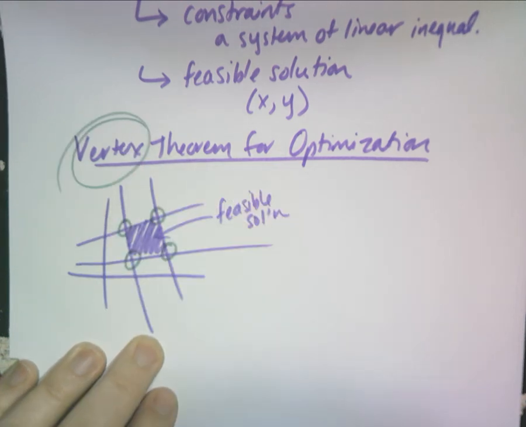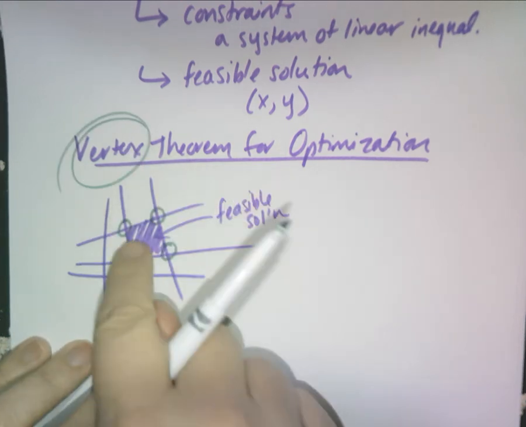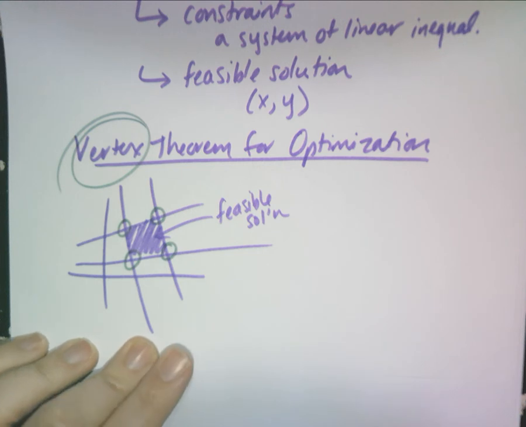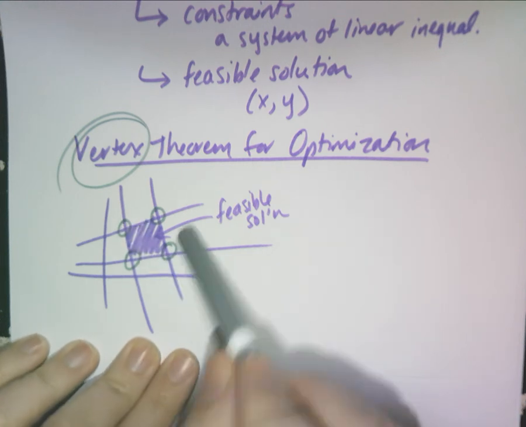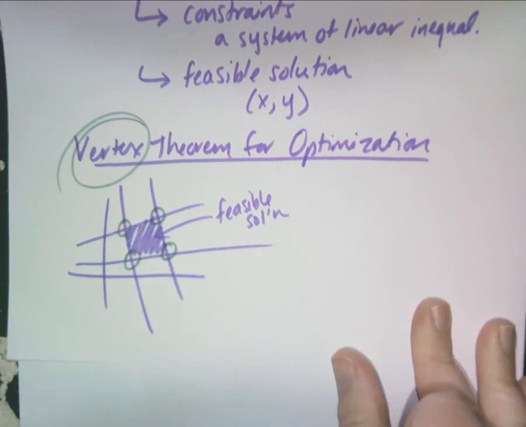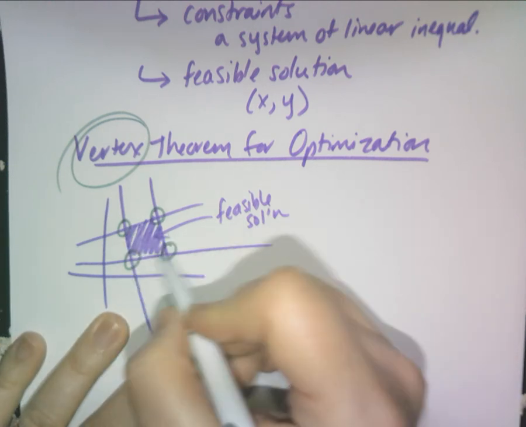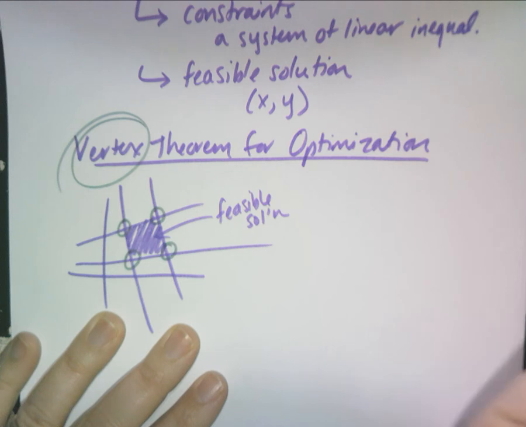In this case, there are 4 of them. There might be 3 if it was a triangle, but these 4 points are where your max or mins are located. That's where the optimal maximum profit would be, or the optimal minimum, whatever we're looking for, like the minimum amount of surface area we need. So these are really the 4 points that we need. Those 4 points or 3 points, whatever.